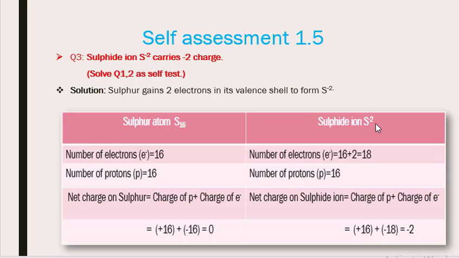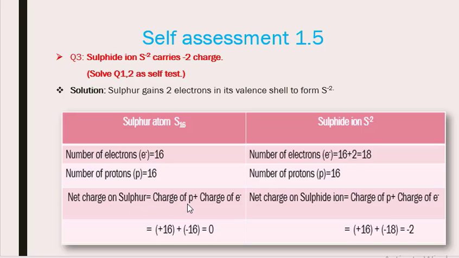While in sulfide ion, the number of protons will be 16, while number of electrons in it will be 18, as sulfur has gained 2 electrons in it. So number of electrons changed from 16 to 18. Now calculating the net charge on sulfur atom.